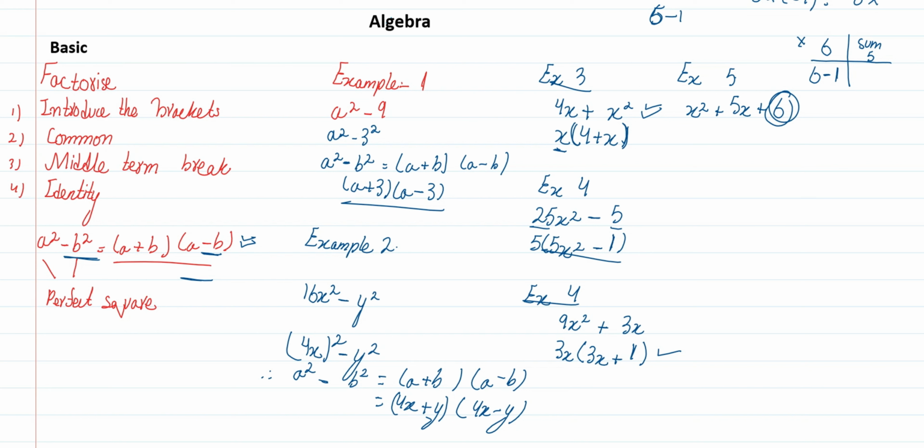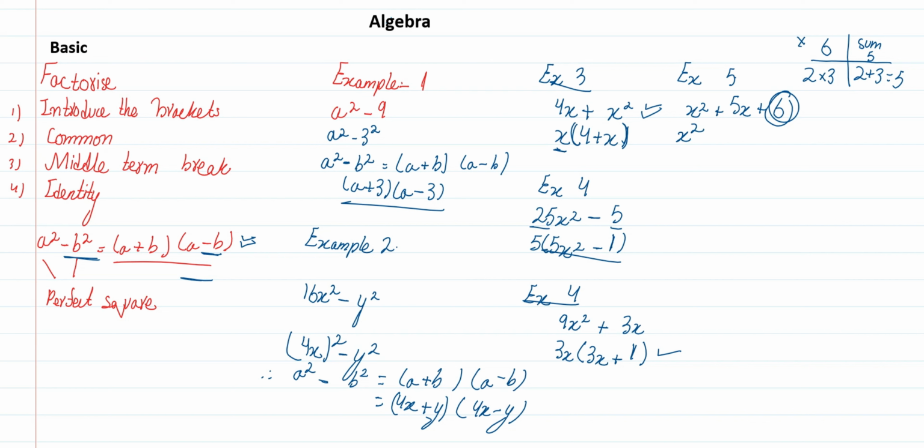You have to take the combination which, when multiplied, gives you 6, and when you add or subtract, gives you 5. So that combination is 2 and 3. 2 times 3 you will get plus 6, and if you add 2 plus 3 you will get 5. Okay, so you have to take 2 and 3 as the middle term.